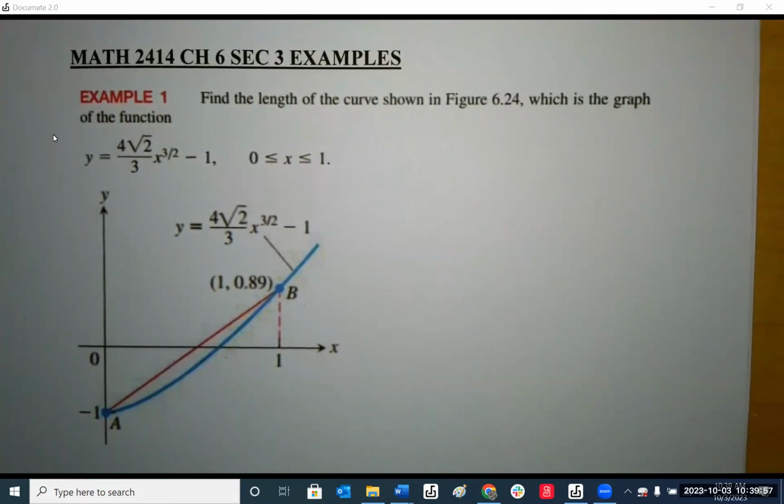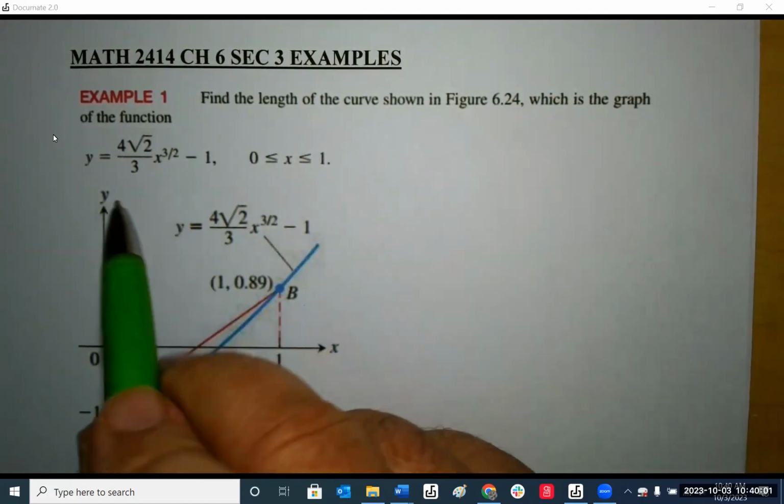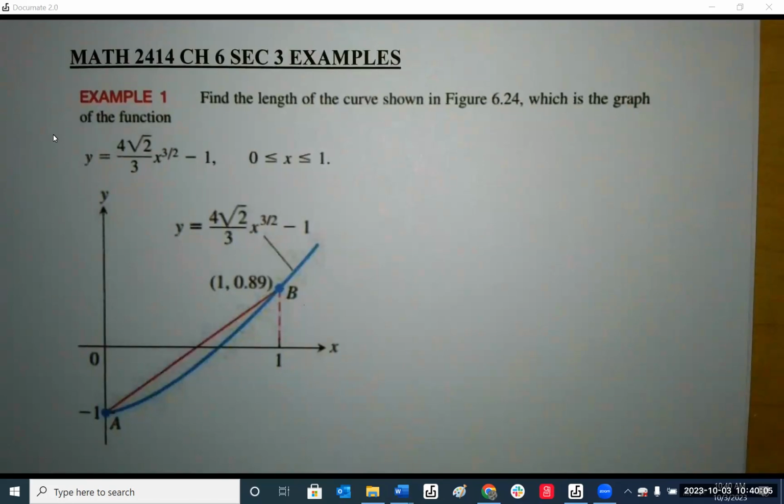Find the length of the curve shown below of the function y equals 4 radical 2 over 3 x to the 3/2 power minus 1, between x goes from 0 to 1. So what's the first thing we have to do?